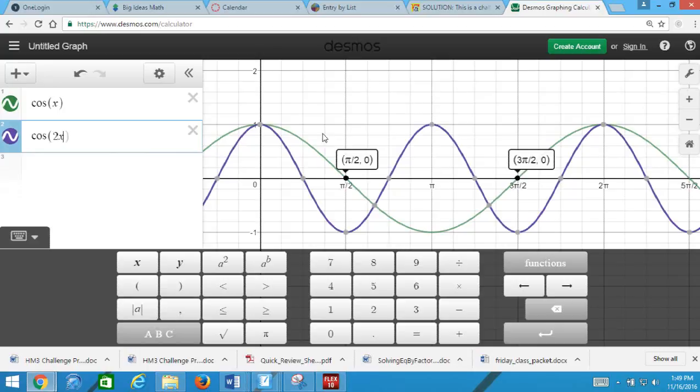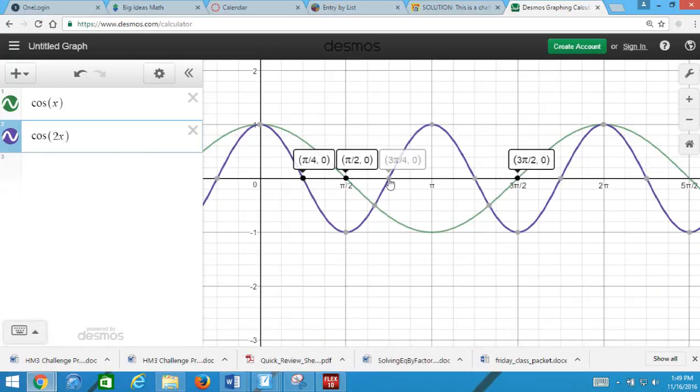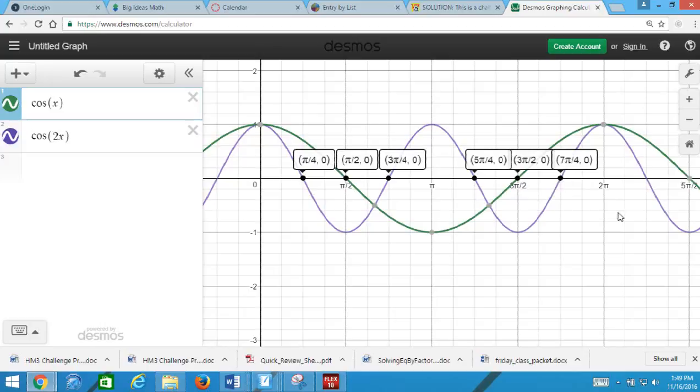And then once you've done that, figure out where your x-intercepts are now. How many x-intercepts do we have now? We have 4 of them.